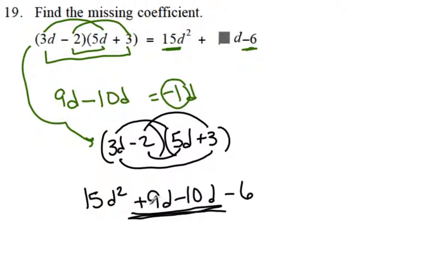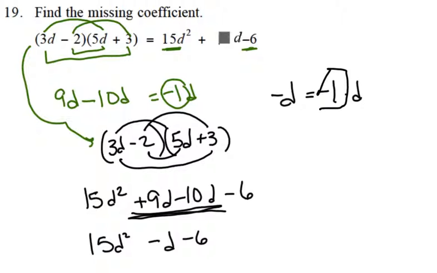So we have 9d minus 10d. So that's 15d squared minus d minus 6. 15d squared is the same. That's the only thing that's different. Negative d is the same as negative 1 times d. So again, answer is negative 1.